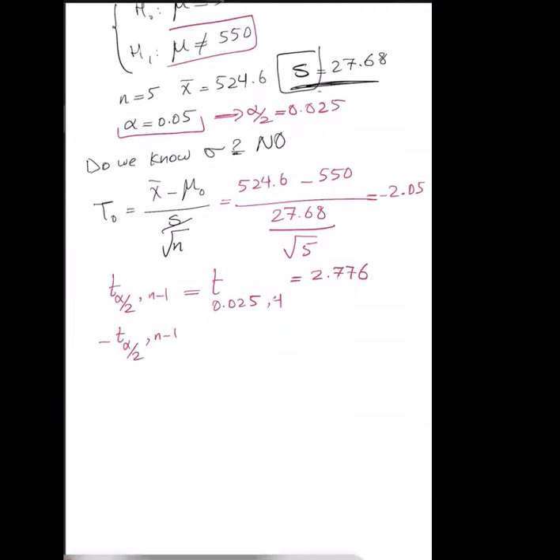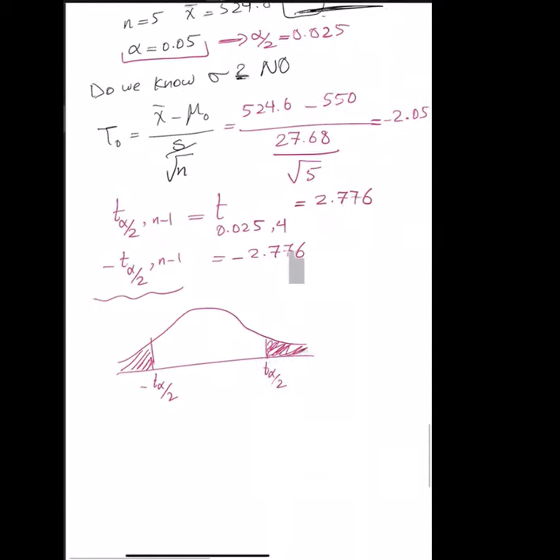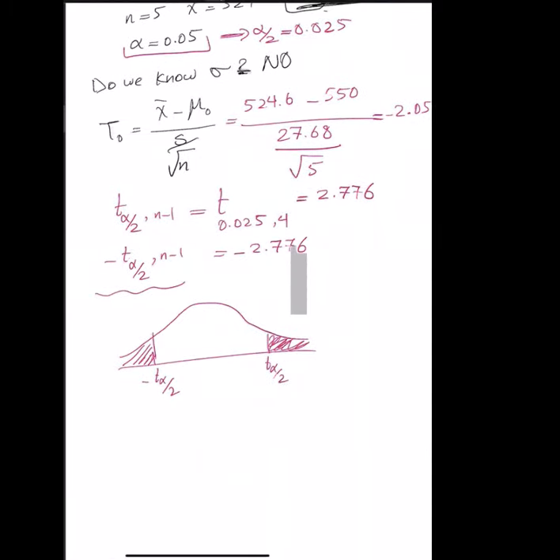And then the minus T alpha obviously is going to be minus 2.776. So remember, when I calculate my test statistic, this is T of alpha over 2, and this is minus T of alpha over 2. The value of my test statistic falls either in this critical region or this critical region.